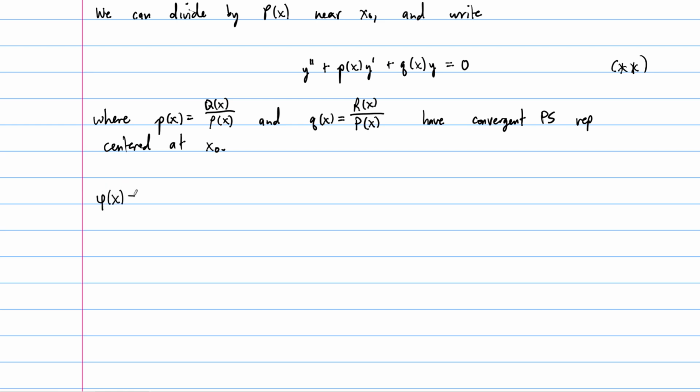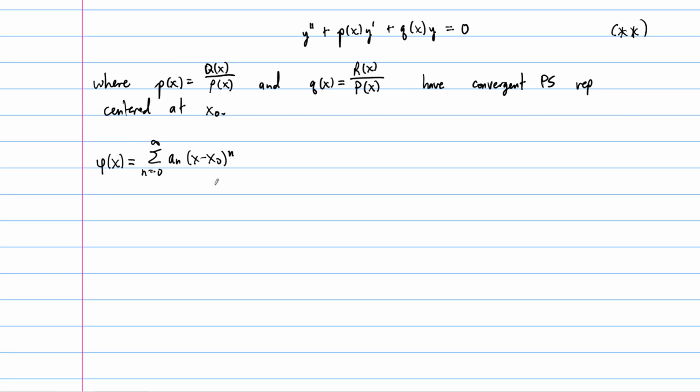Let's first look at our solution here. We have phi of x equal to the sum, n goes from 0 to infinity, a sub n, x minus x naught to the power n. If we plug in x naught, what are we going to get? Well, let's first write out the terms.